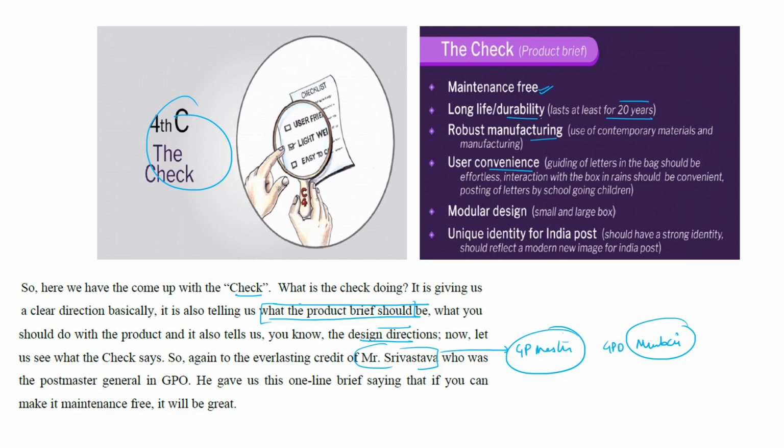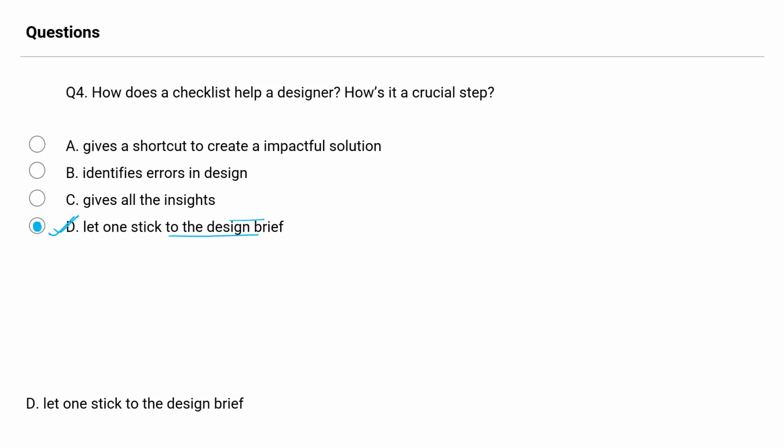So, with respect to the exposed environment and the different typology of users, you have the school going children and the adults, and even those picking up the letters and doing the collection of the letters, small and large, depending upon the context and use case of festivals and normal scenarios, and creating a unique identity for India Post because it was a matter of brand India, which they were trying to reflect in the post box. Okay. So the correct answer is D. The checklist basically helps in sticking to the design brief.